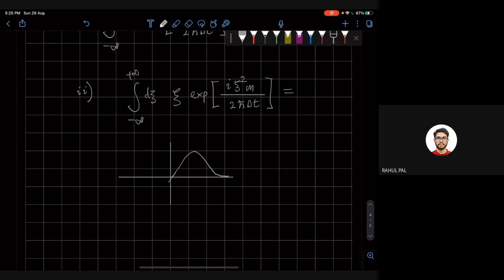Like over here, it'll look like a straight line, but as you go away, it'll look like a Gaussian. And because it's an odd function, the area under the curve here will be equal in magnitude, but opposite in sign to the area of the curve under here. And therefore, they will cancel out. Okay? So this is 0.